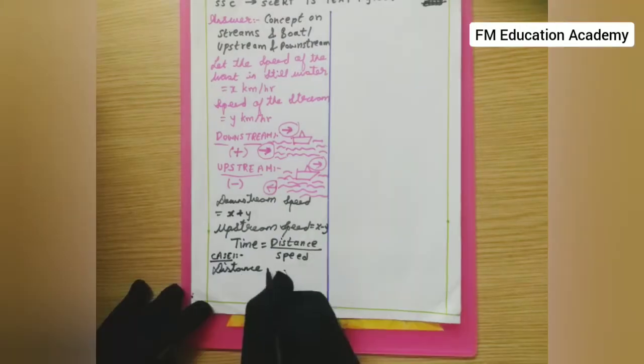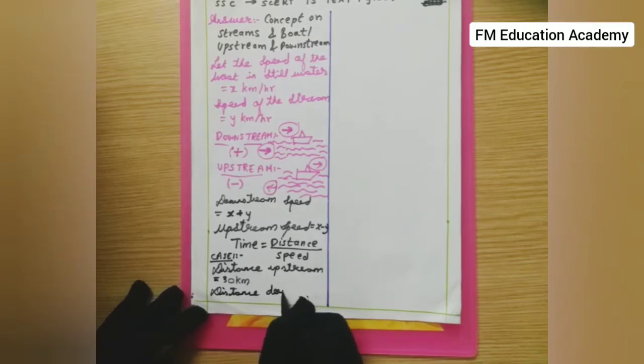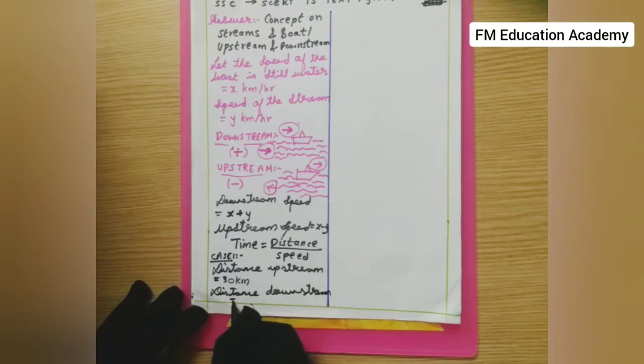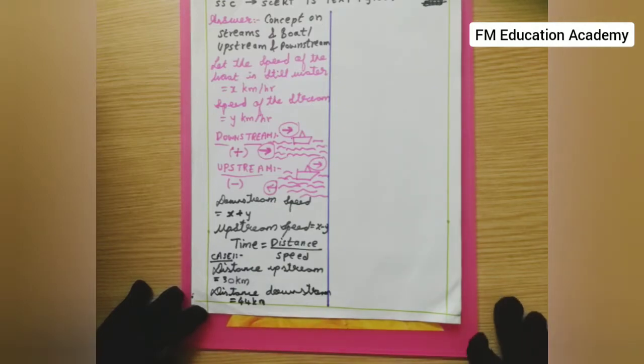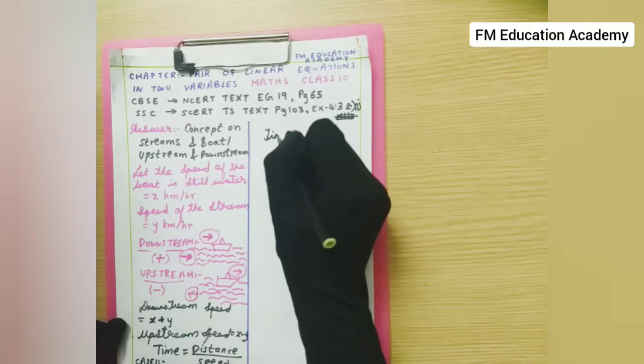Case 1: distance upstream is given as 30 km, and distance downstream is given as 44 km. And time in that case is given as 10 hours.